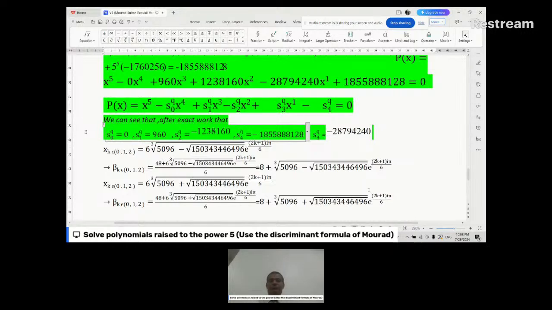Here you just put k equal to get the roots of my original polynomial. But here you should exclude one value of k, which is 1, 2 or 3, one of them.